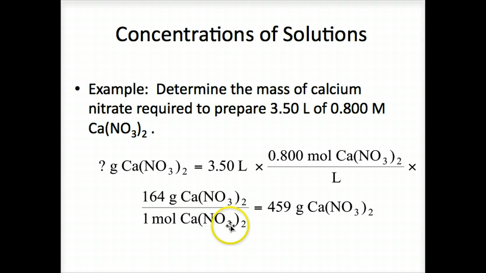Remember, there's 6 oxygens and 2 nitrogens and 1 calcium. Makes 164 grams. This mole of calcium nitrate here cancels with this mole of calcium nitrate here, leaving me in grams of calcium nitrate if you follow the units. And that is 459 grams of calcium nitrate that are required to make 3.5 liters of 0.8 molar calcium nitrate.